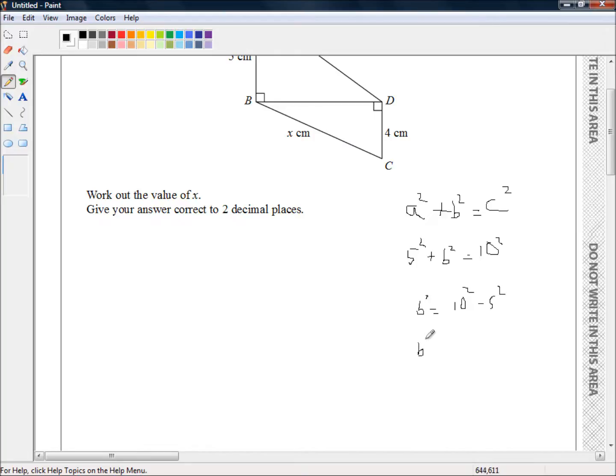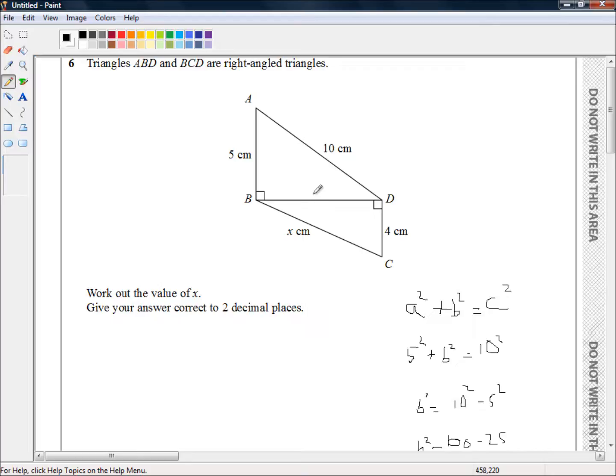So b squared is equal to 100, 10 times 10 is 100, minus 5, 5 times 5 is 25. So b squared is equal to 75. So this length here is equal to the square root of 75.